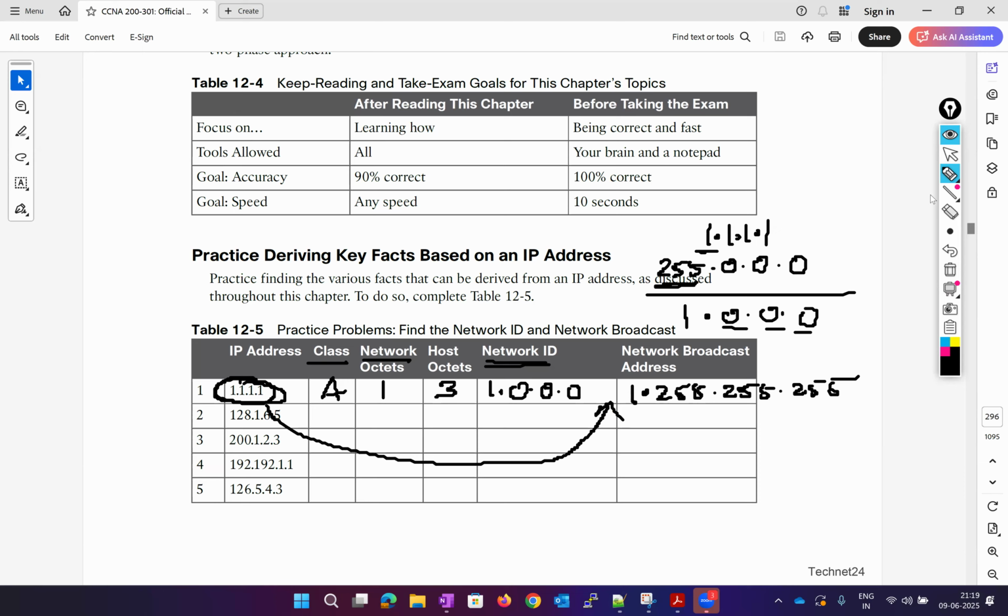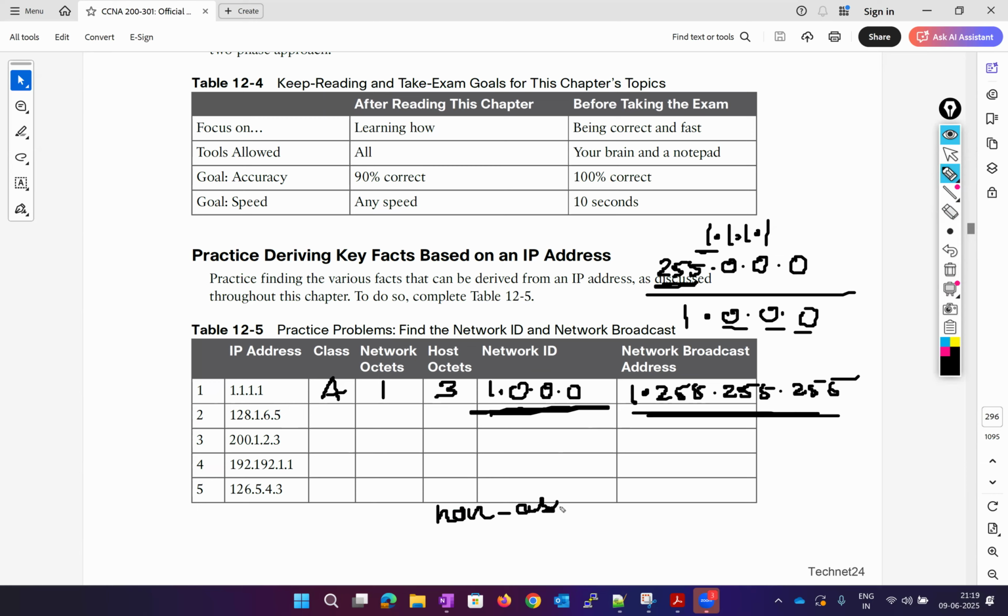And in a class A IP address, not just class A, any class, the network ID and the broadcast ID are non-assignable IPs, meaning you cannot assign these to anyone.